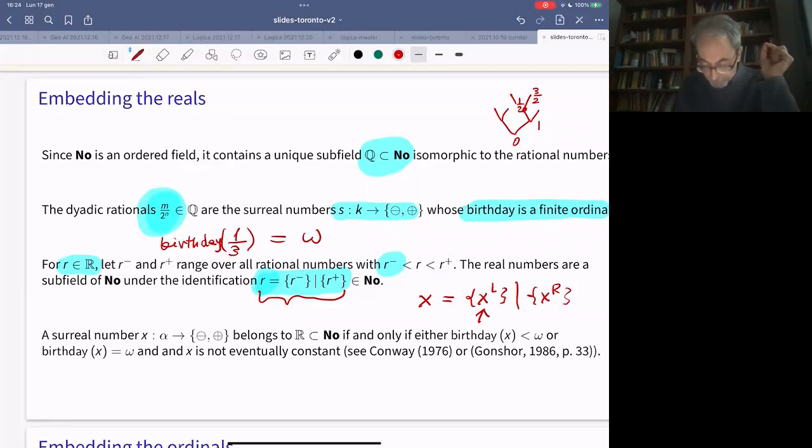Here we are not claiming that r minus is simpler than r. We just put all the dyadic rationals, simpler or not, I don't care, smaller than r in the linear order or bigger than r, and we take the simplest element in between.